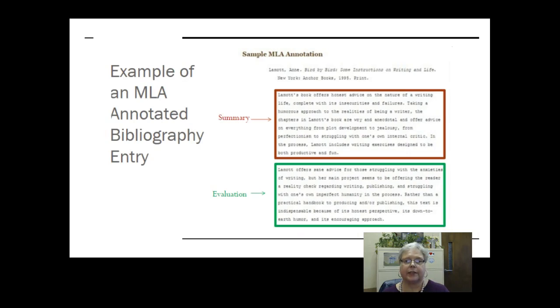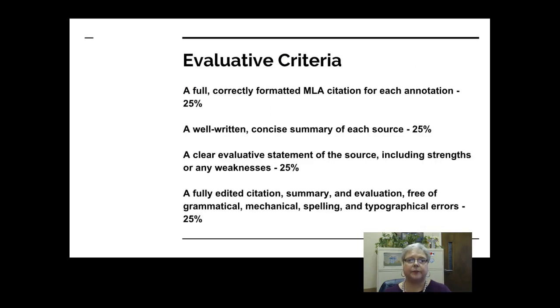And here's the same thing with it marked. So you can see there's the citation, there's the summary, and there's the evaluation. And that's exactly what I want you to do for this assignment. Take your original works cited page and fill in this information. How I'm going to evaluate this: 25% of the grade will be based on your MLA citation for each annotation.